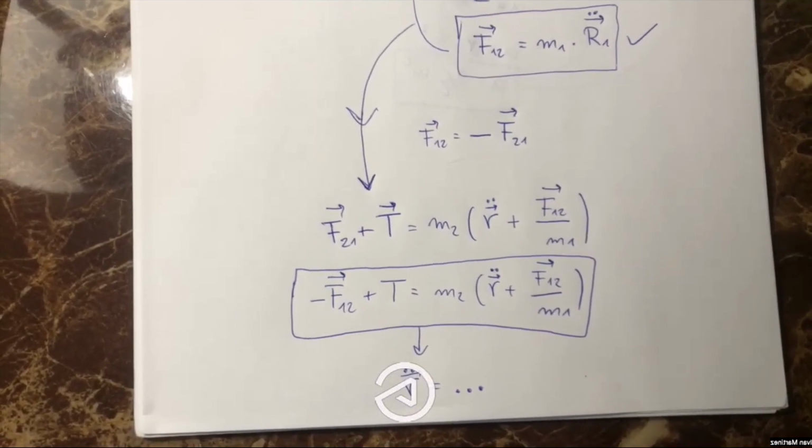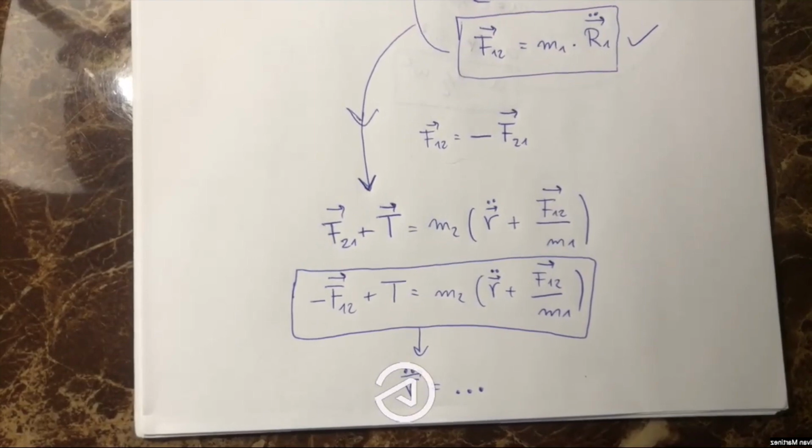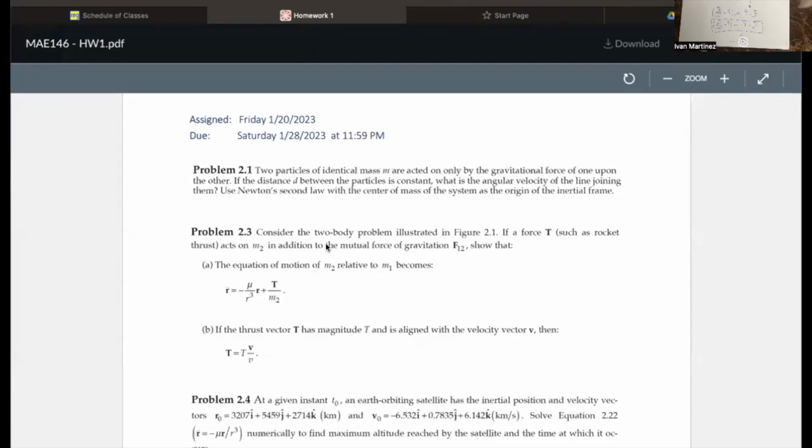What else? This problem was also asking for, let's go back to it. Yes, there's another question. If the thrust vector has magnitude T and is aligned with the velocity vector, then, yes, when I read this question, I was a little bit confused because the question is giving you the answer.